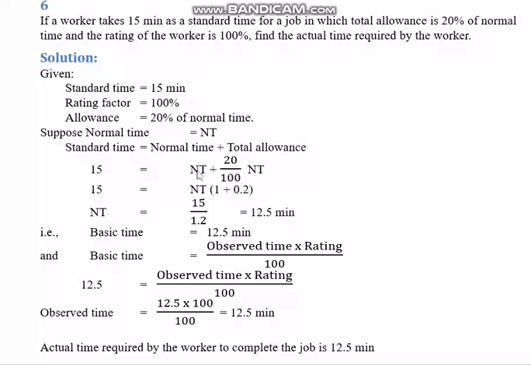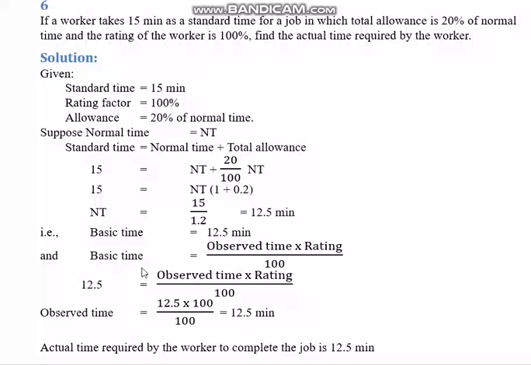Now you can take NT common outside the bracket, so you will get 1 plus 0.2. That means NT can be calculated as 15 upon 1.2, which gives the normal time, the basic time, as 12.5 minutes.